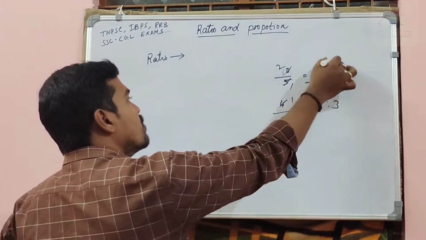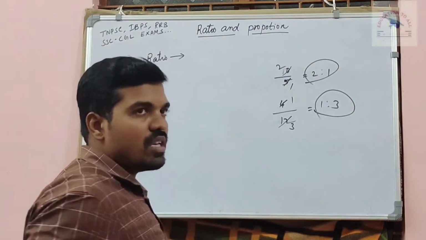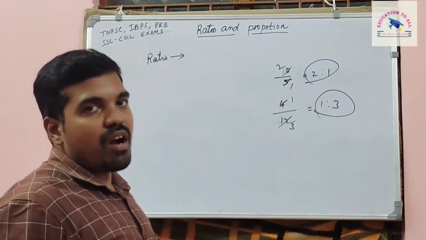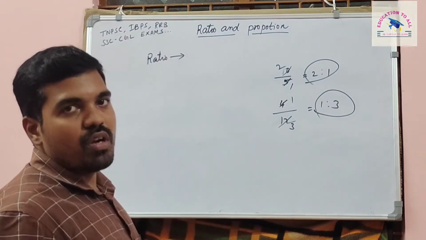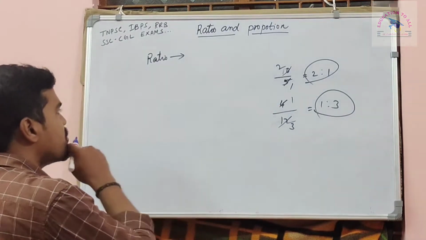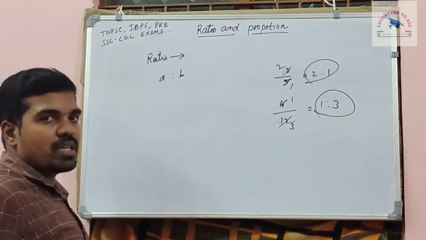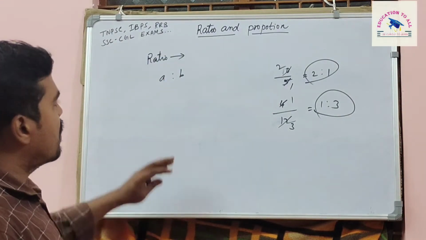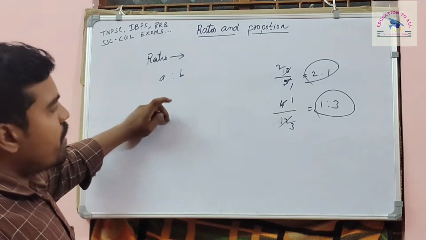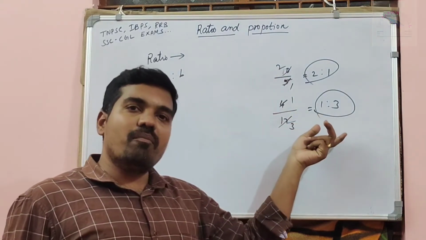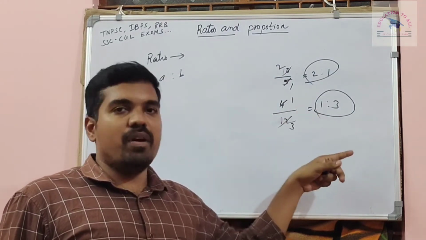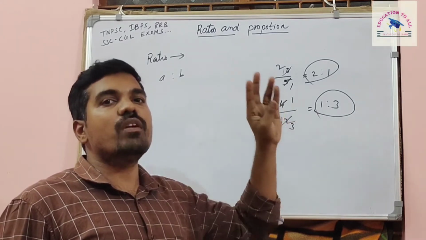This 2:1 and this 1:3 are called ratios. Generally, A is to B is how we represent a ratio. Another thing: if you multiply or divide both terms of a ratio by any number, the ratio remains the same.